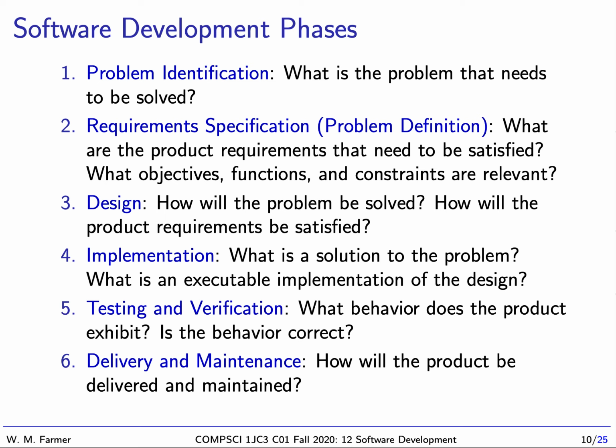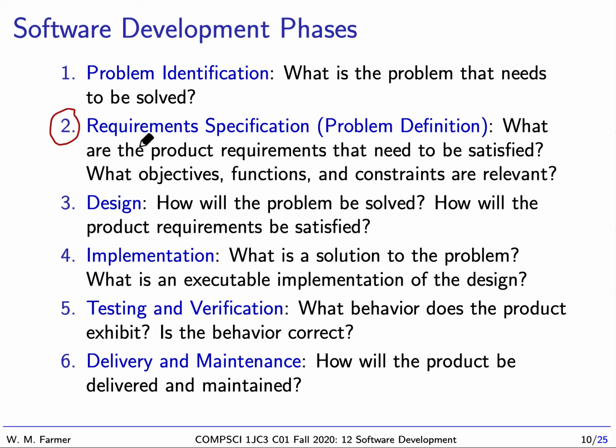Now, the really crucial part of this, in many ways the most crucial part, is number 2, requirement specification. Because everything depends on the requirement specification. The design has to be a design that satisfies the requirements, and implementation should be something that satisfies the design, that satisfies the requirements.